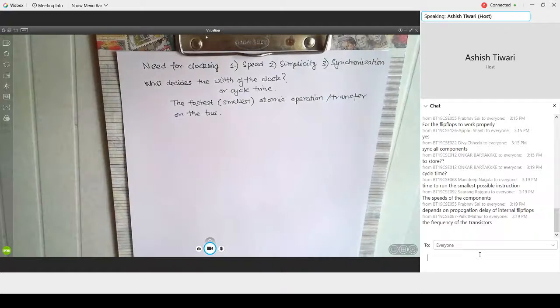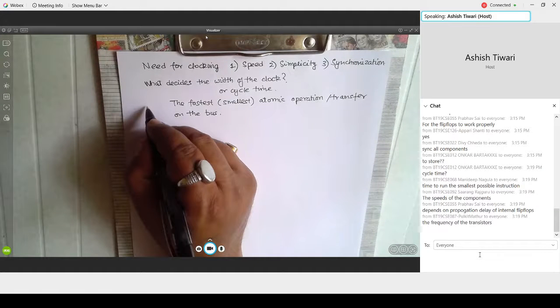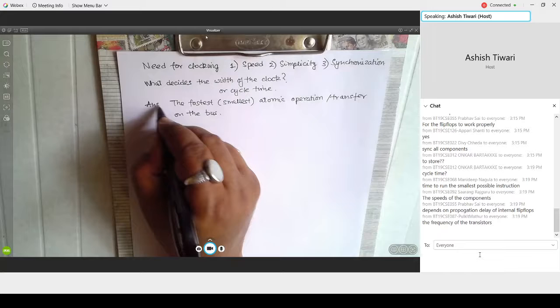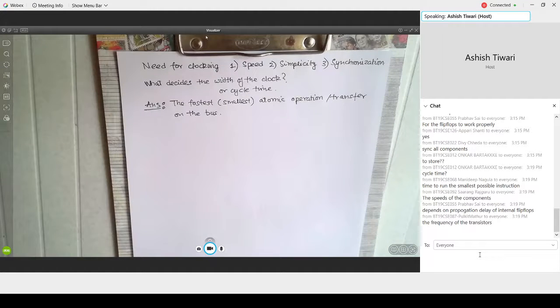Does it make sense? See if it makes sense to you. Can I see a couple of yeses or nos in the chat? So the bus would either be used. So the bus is mainly used for transfers, right? The bus is mainly used for transfers, or you compute something and store it somewhere and so on. So suppose you use the bus for 100 different operations.